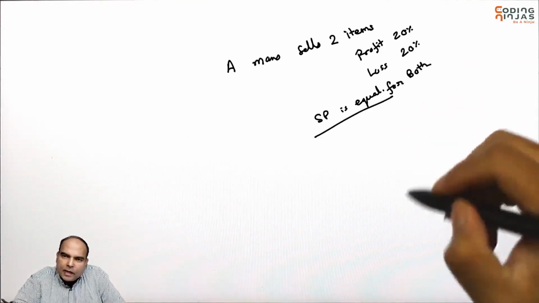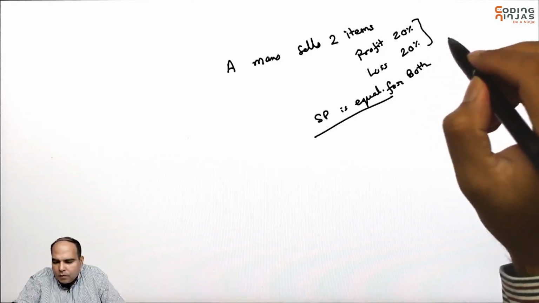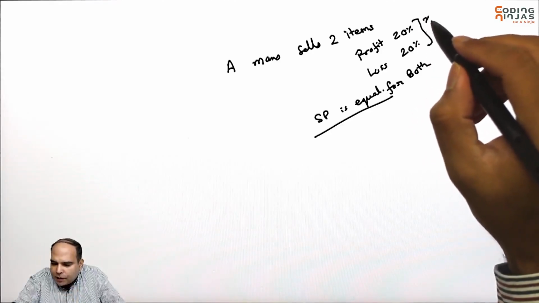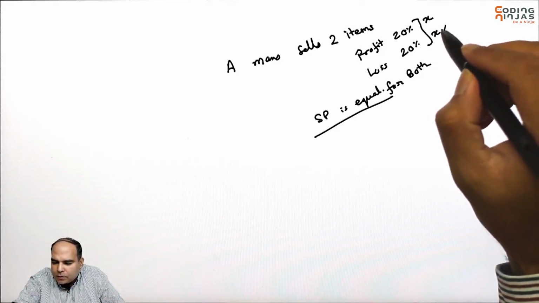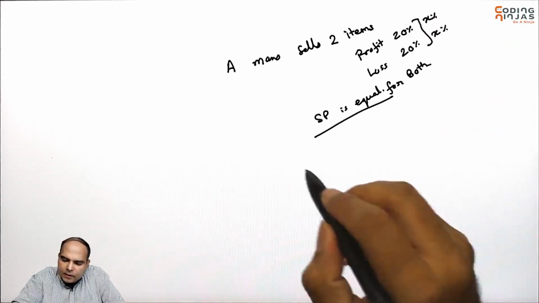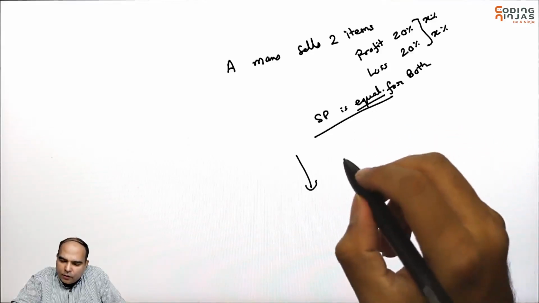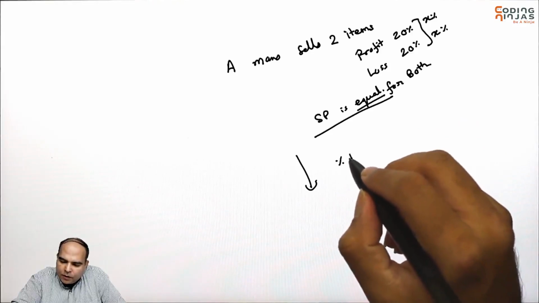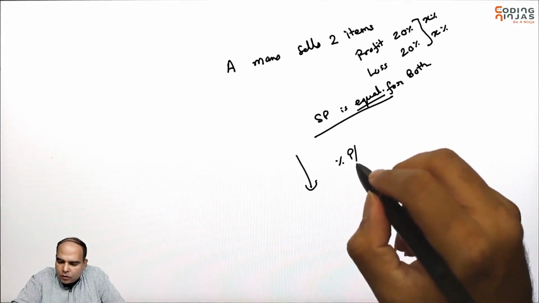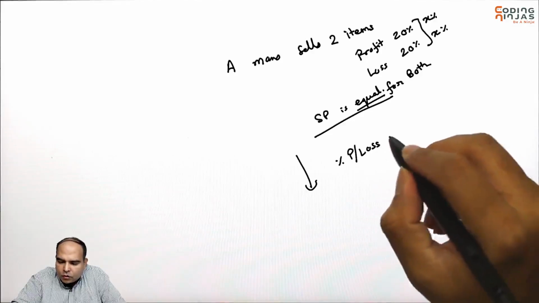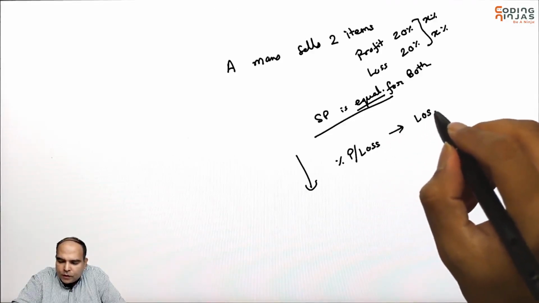In this case, there is a standard formula where if you think of the percentage profit as X% and the percentage loss as X%, then in this scenario, remember, the selling price should be equal. The result will always be a loss; there will be no profit in this situation.